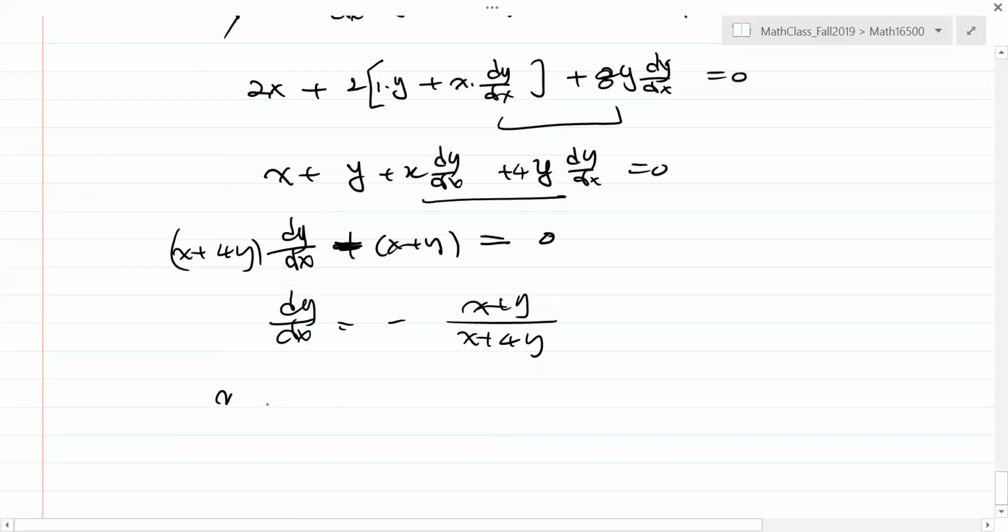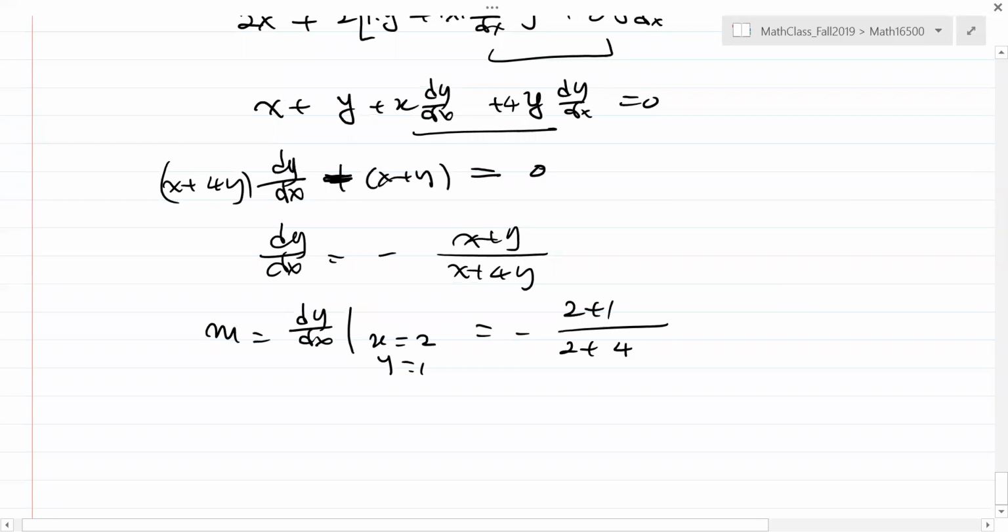Then for the slope, just evaluate this. You get negative (2 plus 1) over (2 plus 4), so negative 3 over 6, which is negative 1/2.